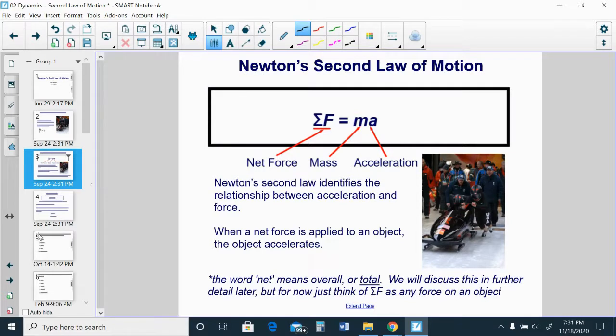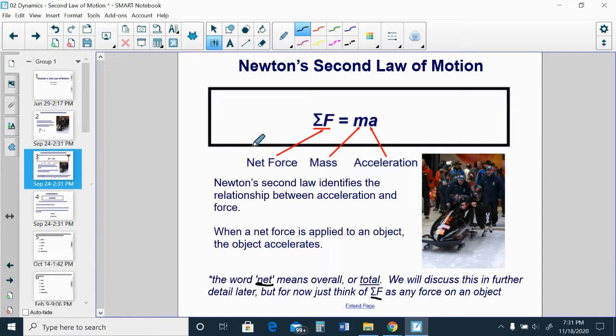Newton's second law identifies the relationship between acceleration and force. When a net force is applied to an object, the object accelerates. Note that the word net means overall or total. We'll discuss this in further detail later, but for now, just think of sigma F as any force on an object.